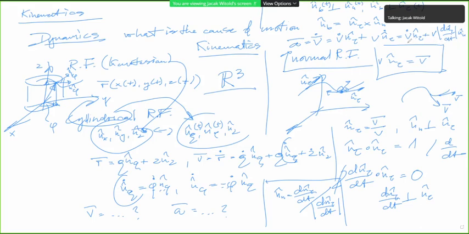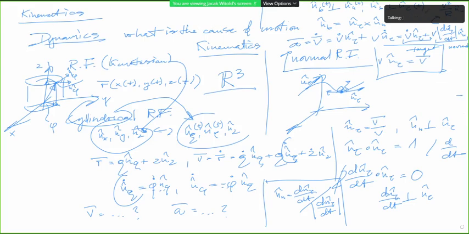And that is the tangent component of acceleration, and that is the normal component of acceleration, tangent and normal in the normal reference frame. And this one can also be substituted by v square over r n_n, meaning that you actually introduce something that would be called the instantaneous curvature of the trajectory.